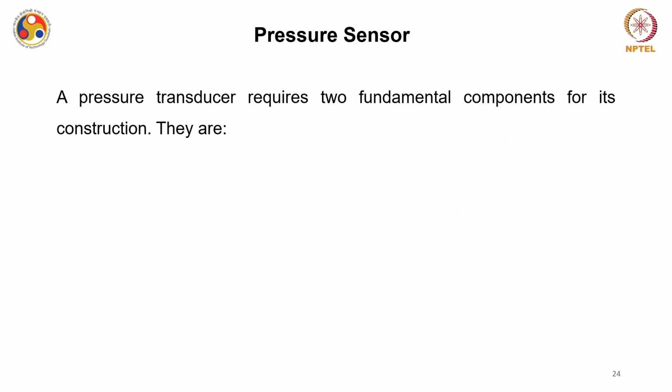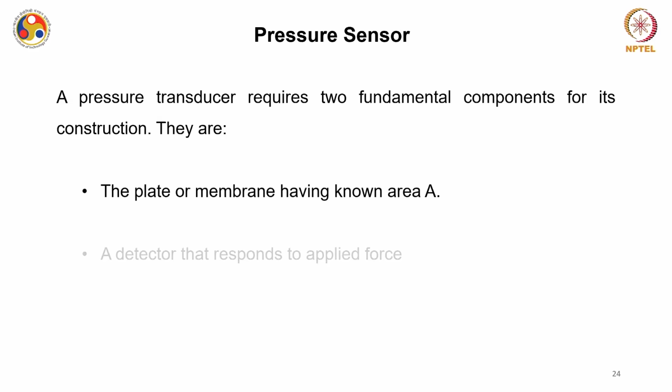Now you can use this semiconductor strain gauge to construct a pressure transducer. In general, a pressure transducer requires two fundamental components for its construction. The first is a plate or membrane whose area is known, and you also require a detector that responds to the applied force.